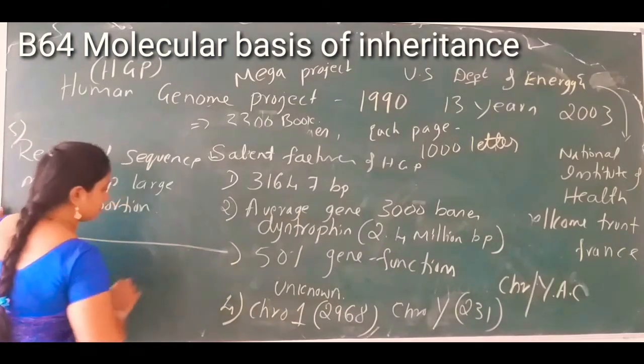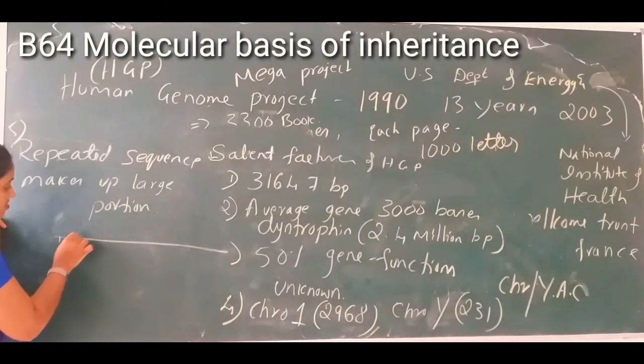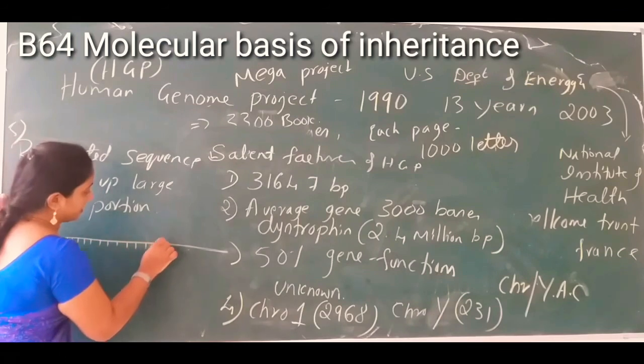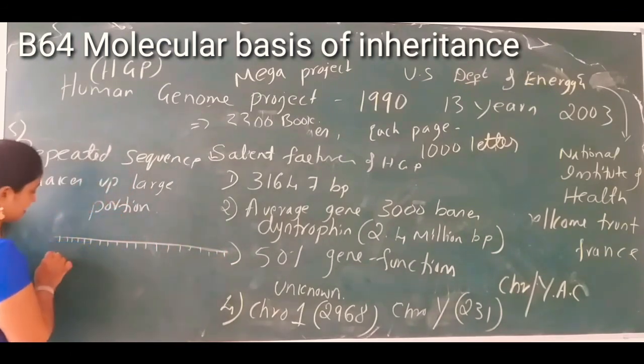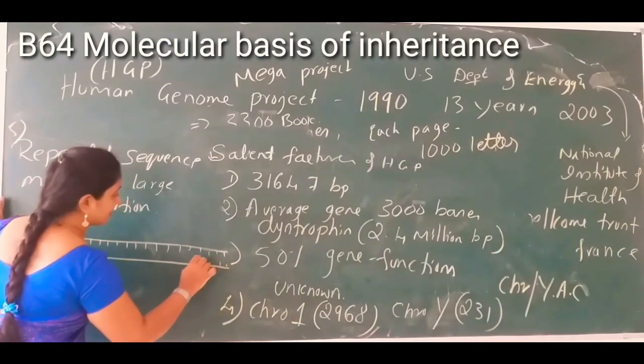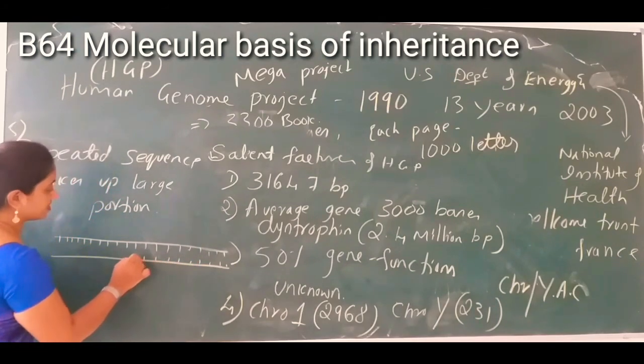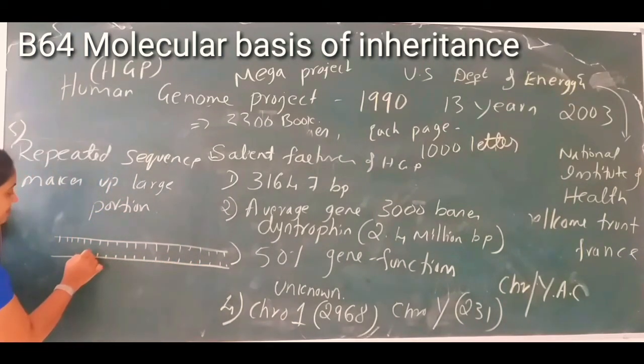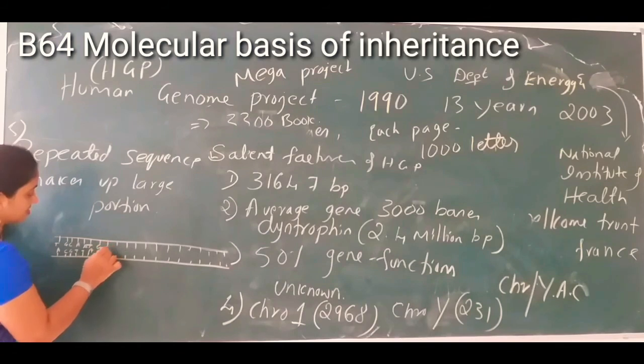For example, if I have a strand with a number of bases, and we write the sequence like A pairs with T, G, C, C, G, A, T, T, A, T, A, G, C, C, G, like that.